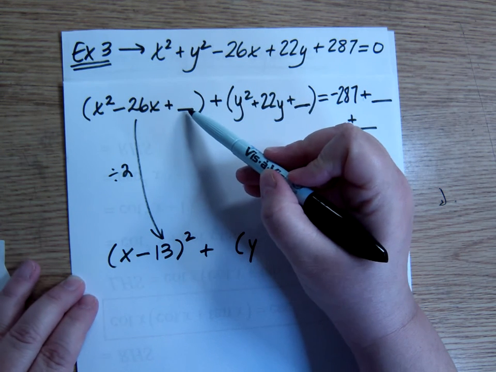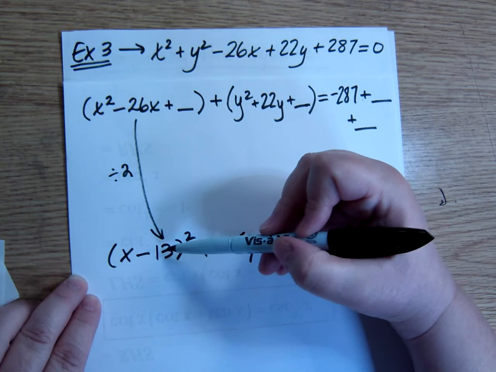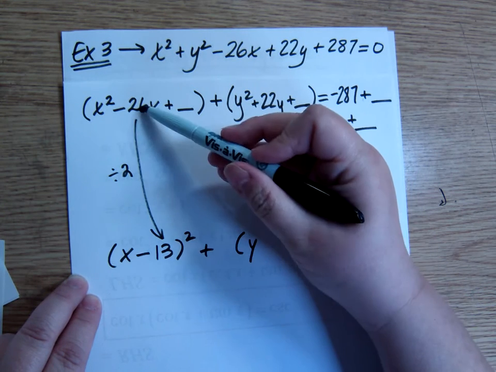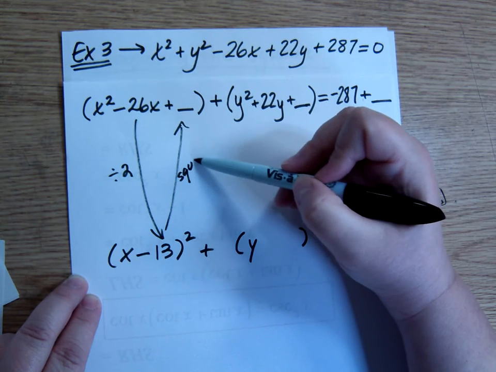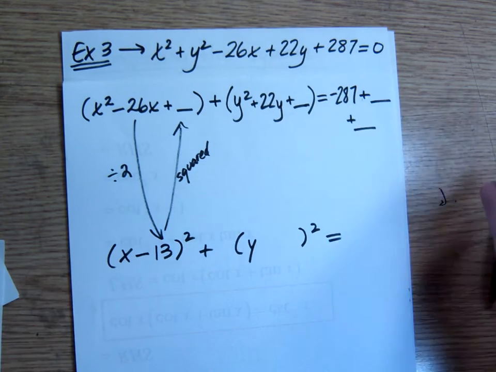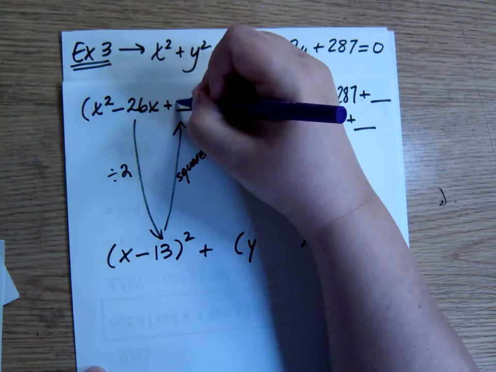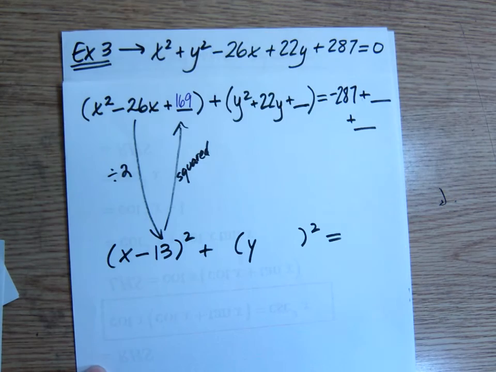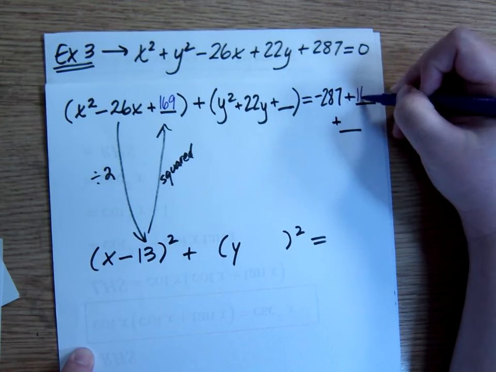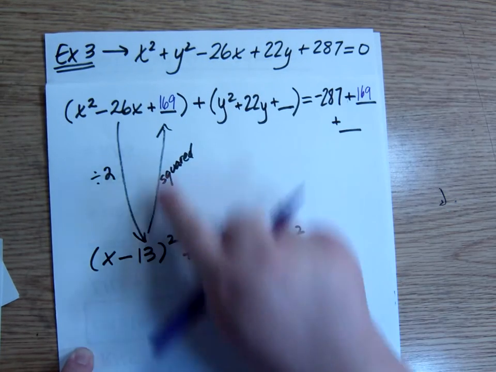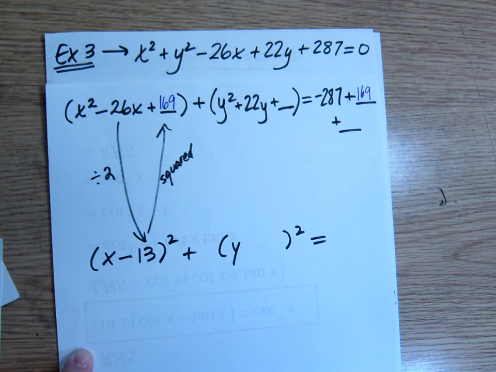The negative 13 squared. In other words, we took half of this and then squared it to get what goes in there. So I'm just going to write squared, and I'm going to write it in smaller pen because I didn't leave myself much space. And if I write 169 here, I need to write 169 over here. I didn't really need this much space, obviously.